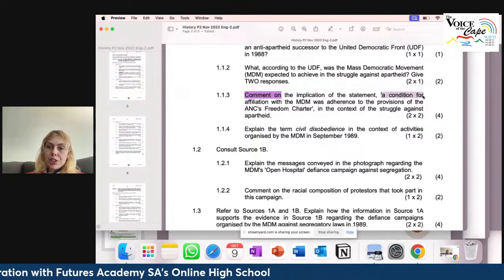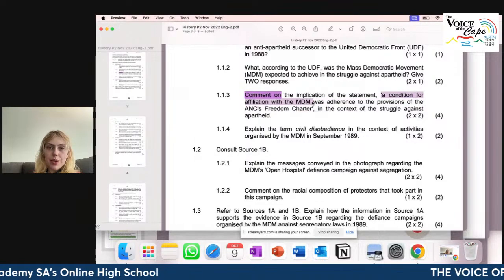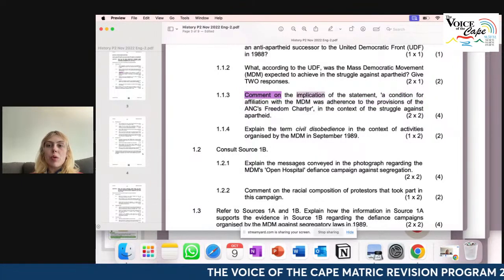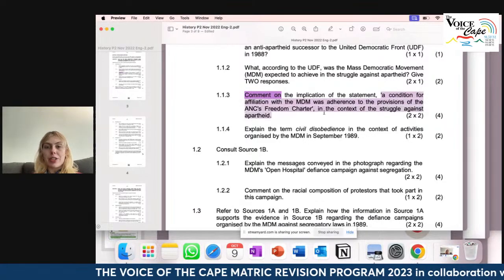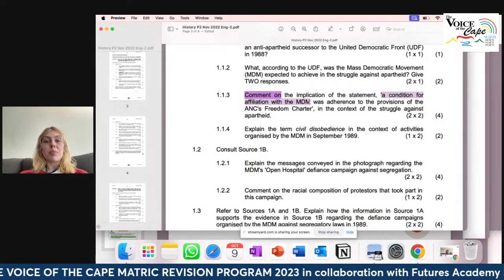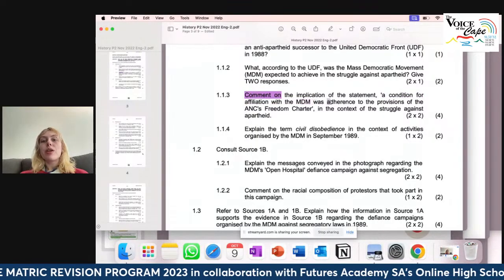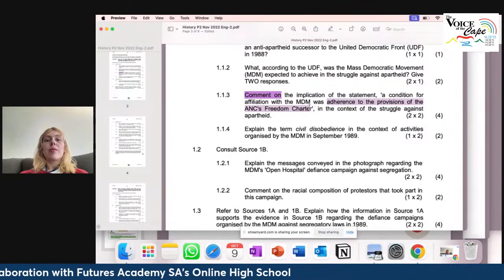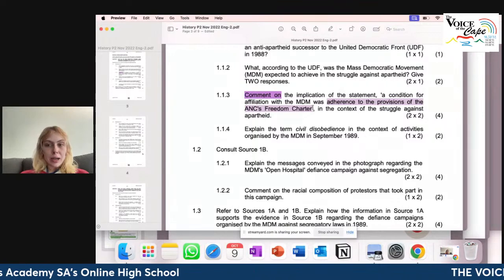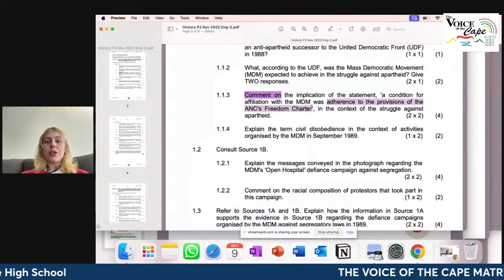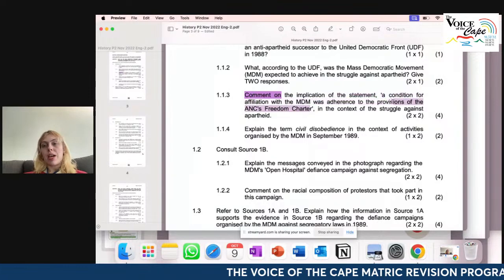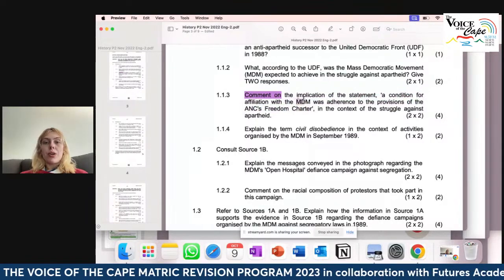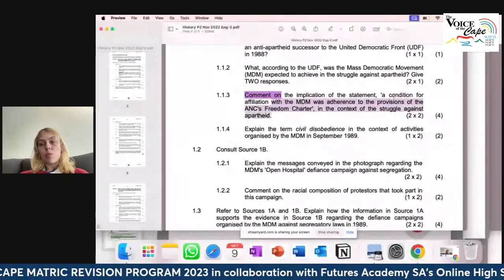So a condition for affiliation with the MDM was adherence to the provisions of the ANC's Freedom Charter. So what that means, a condition for affiliation, if you wanted to be affiliated or be part of the Mass Democratic Movement, you had to adhere or agree to the provisions or the things laid out in the ANC's Freedom Charter. So essentially, you would have to support the ideals of the ANC to be part of the Mass Democratic Movement. So what they're asking is essentially just what does that actually mean?